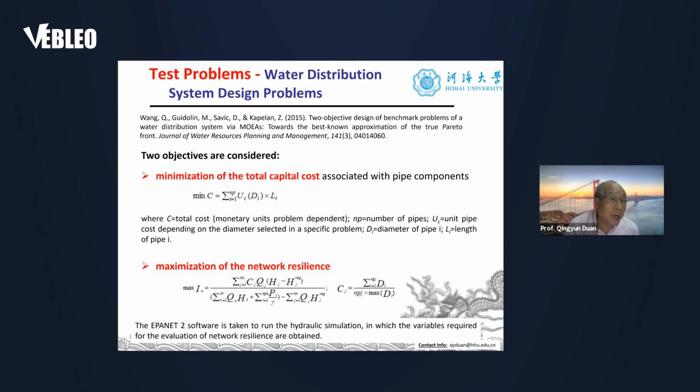Just one more example is the water distribution design problem. It's a two-objective problem. One objective is related to cost, the other objective is related to the network resilience. This came from this reference, Wang et al.